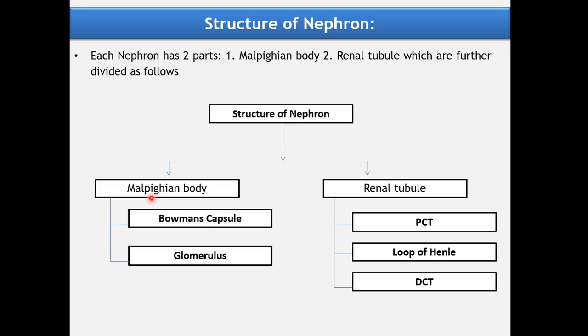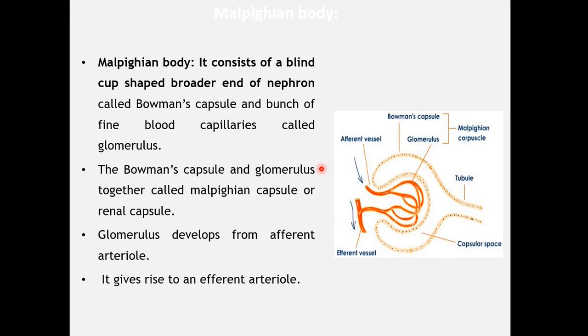Malpighian body is further divided into Bowman's capsule and glomerulus, whereas renal tubule is further divided into PCT, that is first or proximal convoluted tubule, loop of Henle, and distal convoluted tubule or second or distal convoluted tubule. Let us learn about these structures one by one.